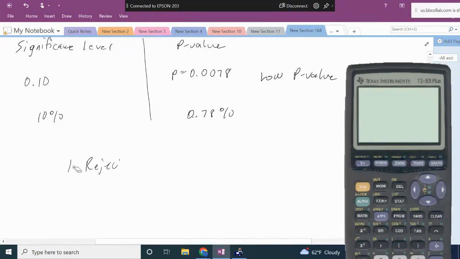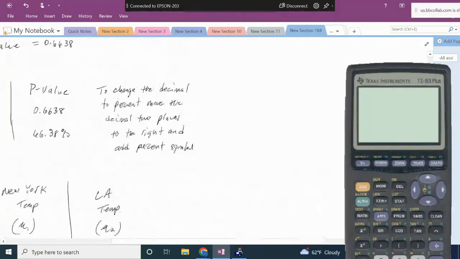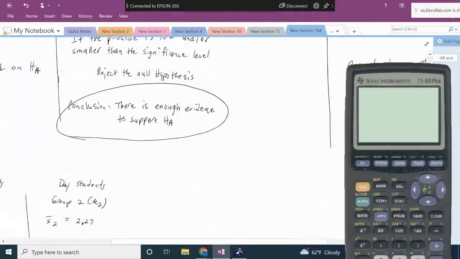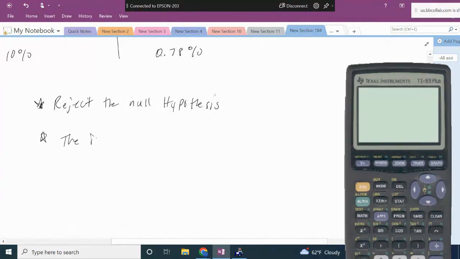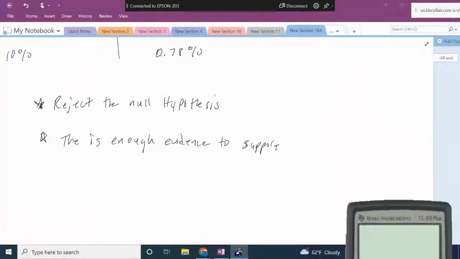So we're going to reject the null hypothesis. And we're going to say there is enough evidence to support the alternative hypothesis, right?